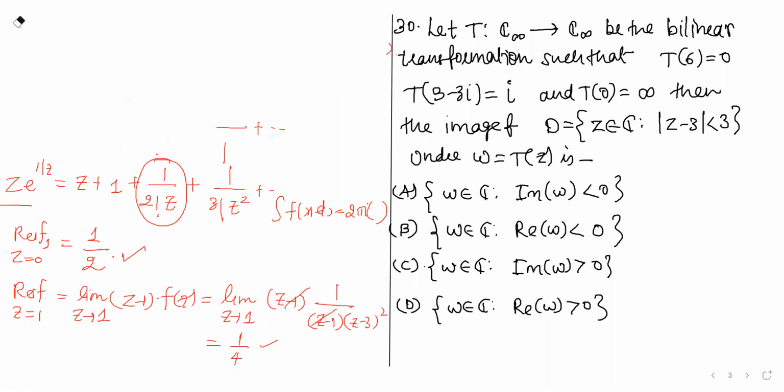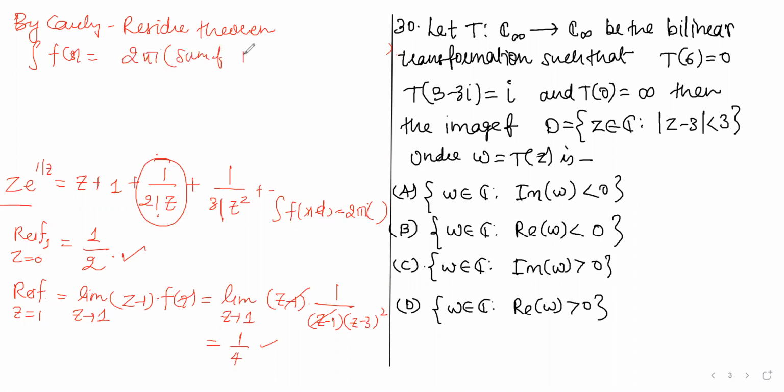So by the Cauchy residue theorem, this integration of f(z) will be simply 2 pi i times the sum of residues. That gives me 2 pi i times 1 by 2 plus 1 by 4.